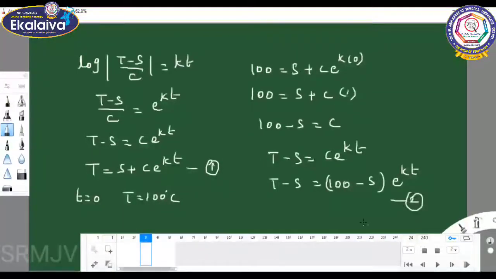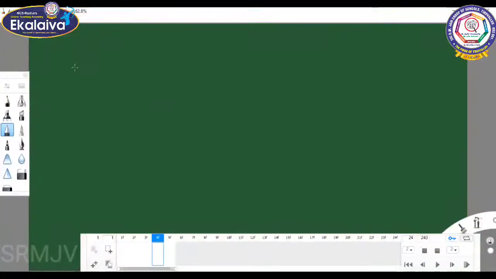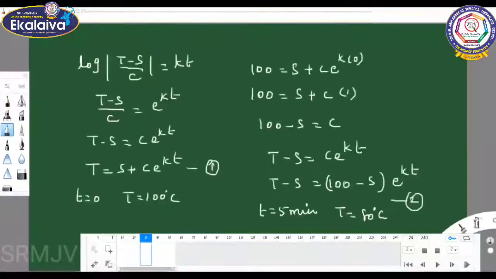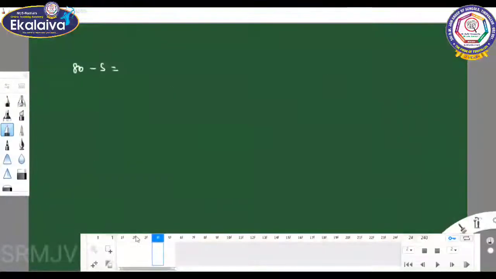If t equal to 5, after 5 minutes the temperature becomes 80 degrees C. Apply this in the second equation: 80 minus S equal to (100 minus S) into e power 5k.